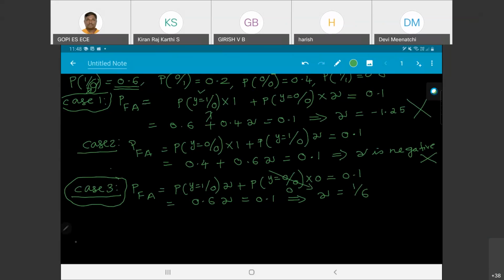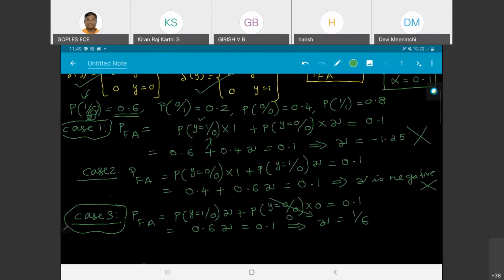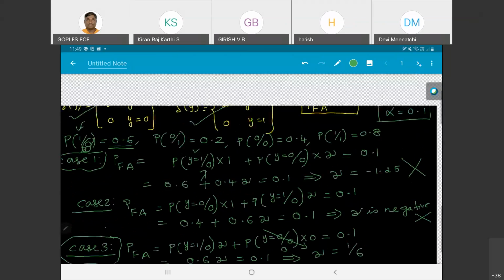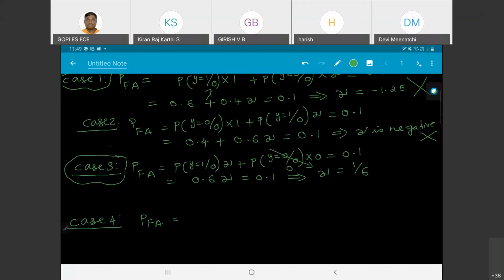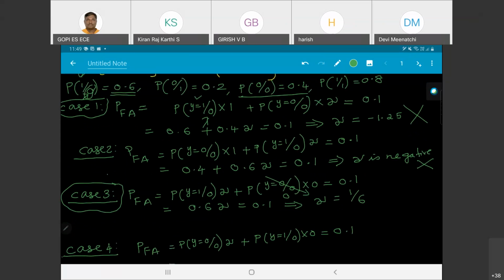We will go for case 4 also. Case 4, probability of false alarm, which is basically probability of y equal to 0 when 0 is transmitted, times gamma, plus probability of y equal to 1 given 0, times 0, that is equal to 0.1 here, and the probability of y equal to 0 is 0.4 in this case.